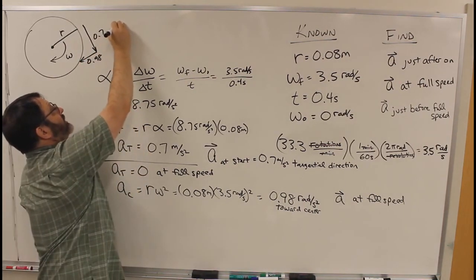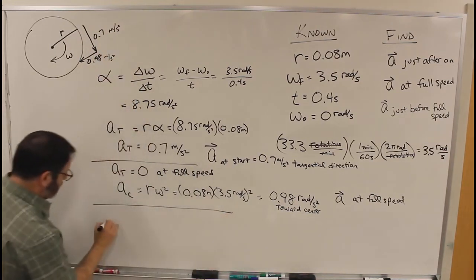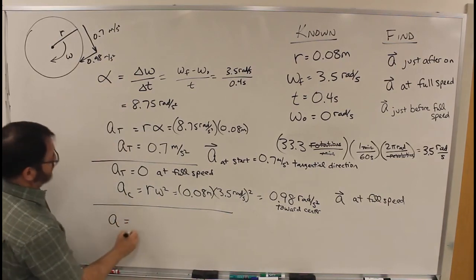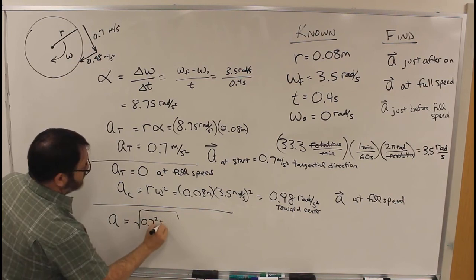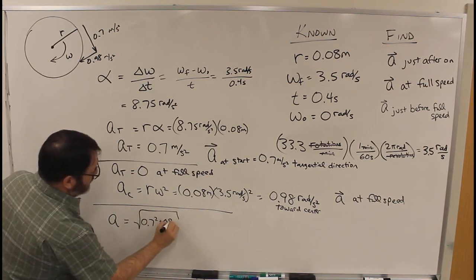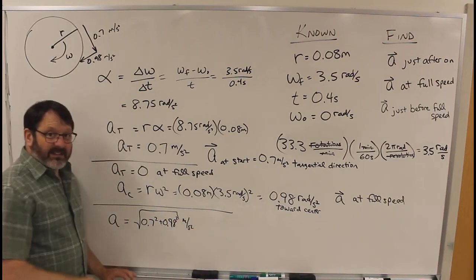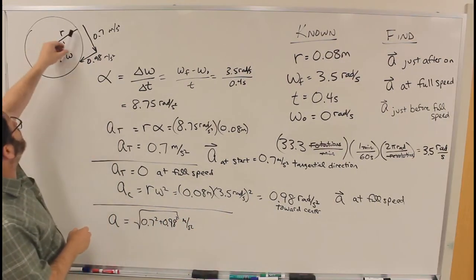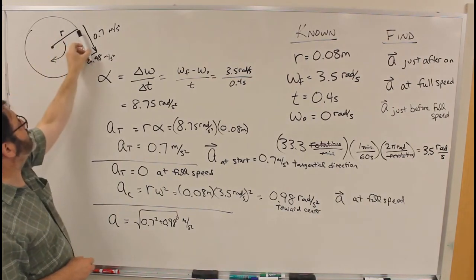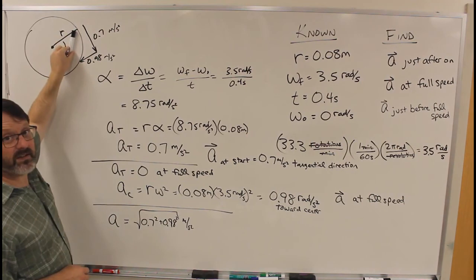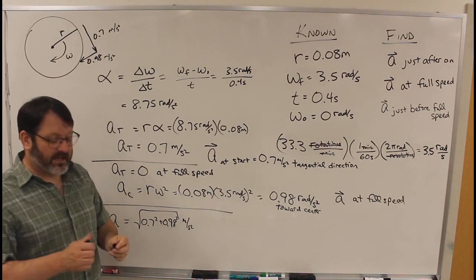Both of these are meters per second squared. So A would be equal to the square root of 0.7 squared plus 0.98 squared meters per second squared. That's the magnitude of it, and it is pointing somewhere in between the radial direction and the tangential direction. It has to be pointing this way somewhere, but we won't calculate the actual angle of it.